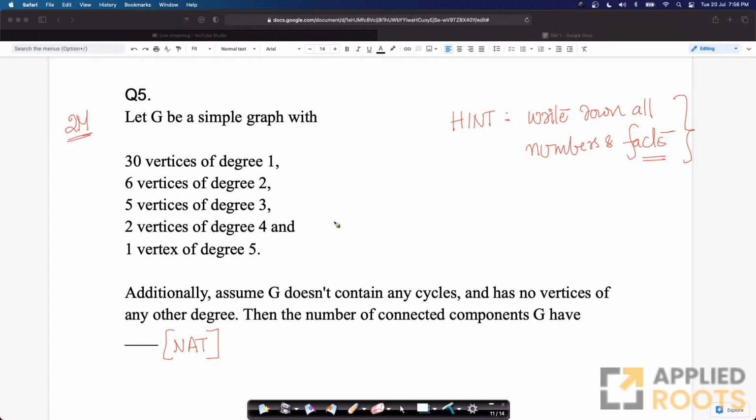Once you see the solution, you will say, hey, that's it. So it's not a hard problem. Some of you may think, hey, this is too hard. No, it's not. If you just digest all the facts given to you and work with those facts, it's a simple question. Take your time, it's okay.